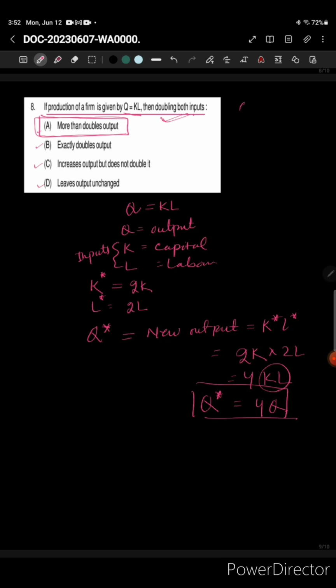maybe there like Q equals KL. If the production function is Q equals KL, then which type of production function is it?